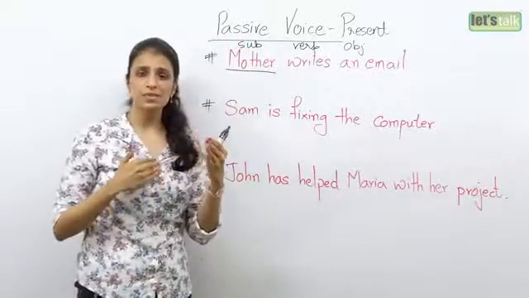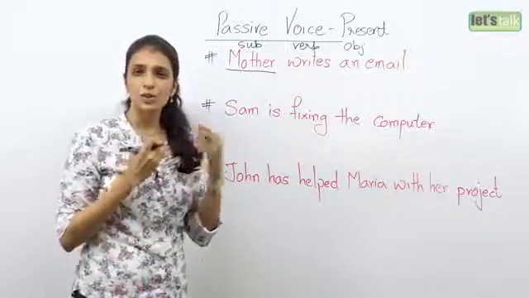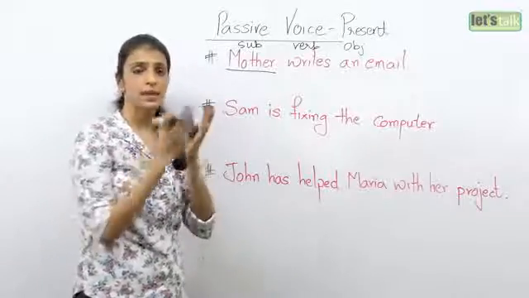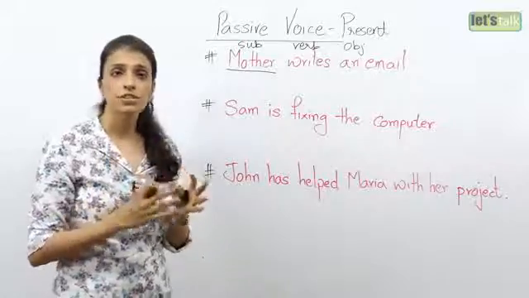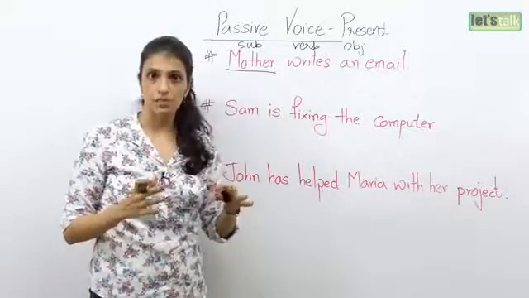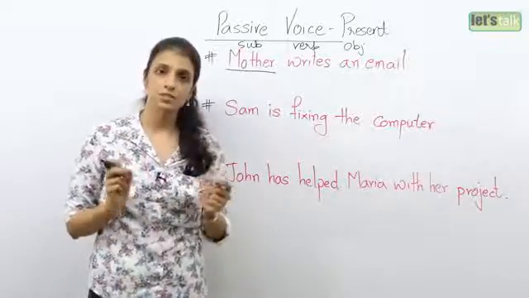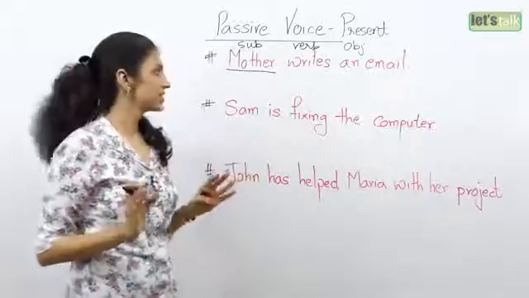But if I want to make this into a passive voice, I have to make some alteration, right? So what is a passive voice? In a passive sentence, we focus or we give importance to the object, okay? But how do we make a passive voice? There are certain things that you need to follow, and well, when you do it, you'll have it correct, okay?